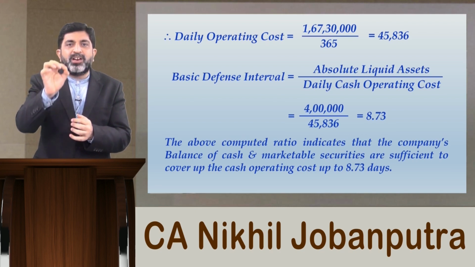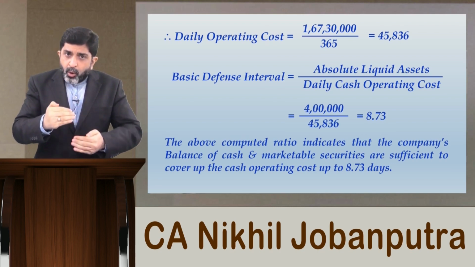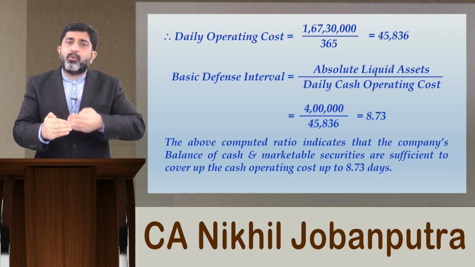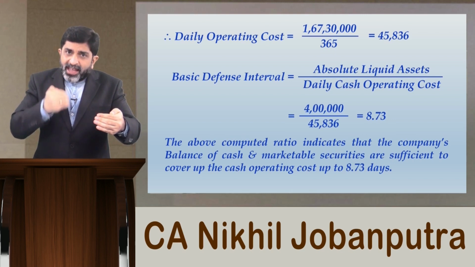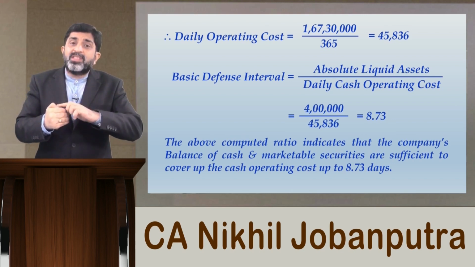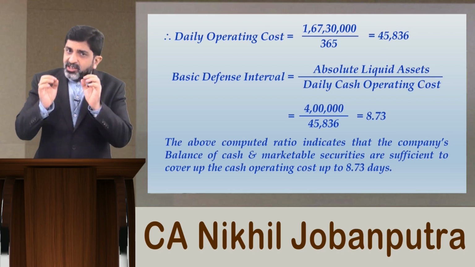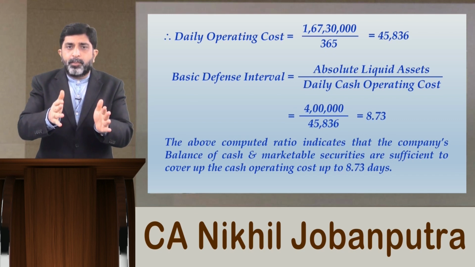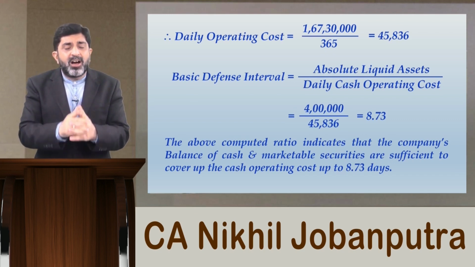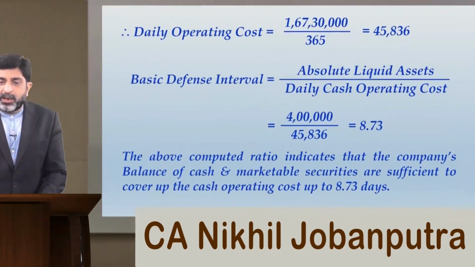This is the objective of computing this particular ratio: for how long you can manage using your existing cash balance without any further inflow, and that utilization we are pinpointing only towards our business operation, not for any other purpose. That was about basic defense interval.